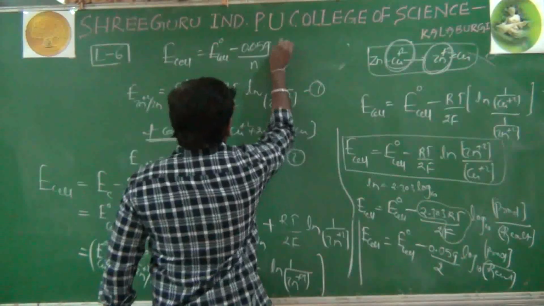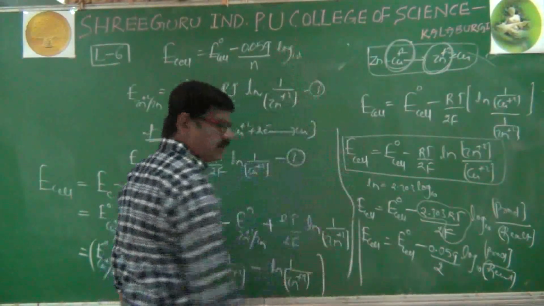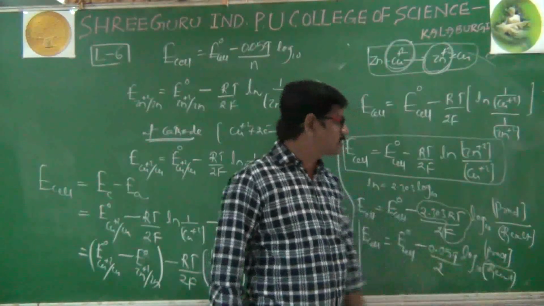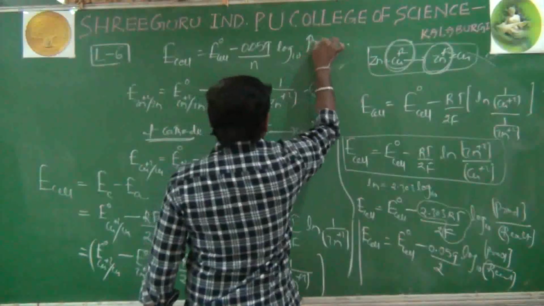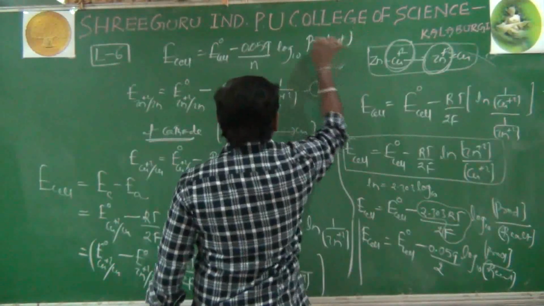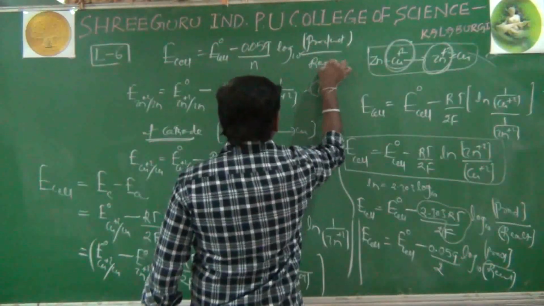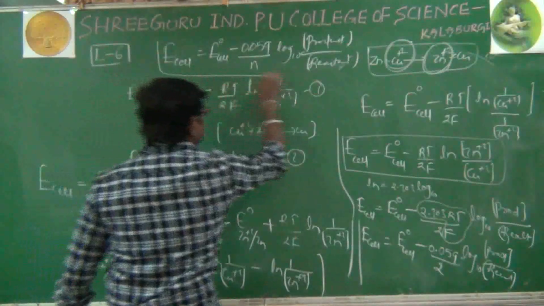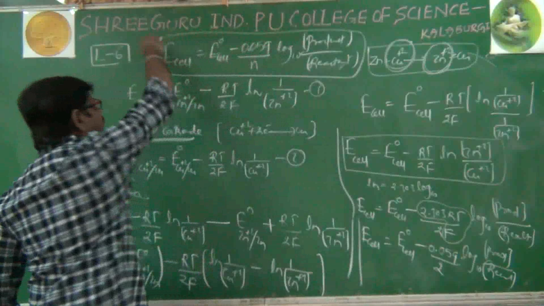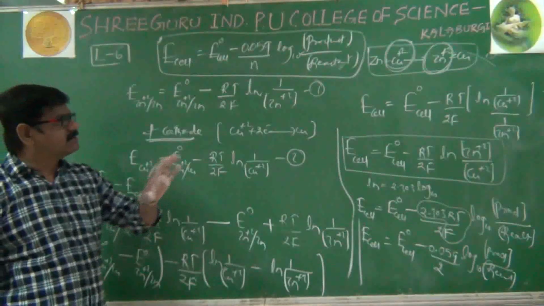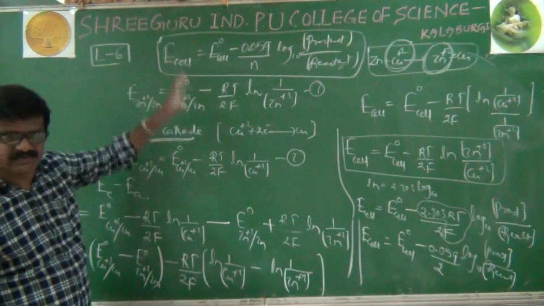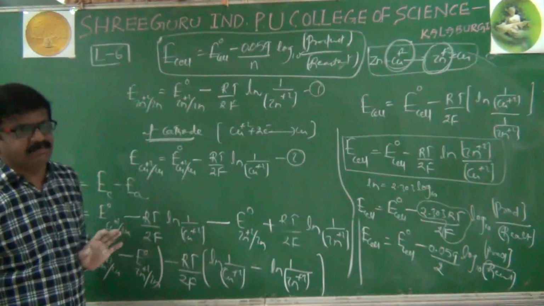Next, log base 10 product concentration divided by reactant concentration. This is the final equation based on the Nernst equation to calculate the cell potential of a given galvanic cell.